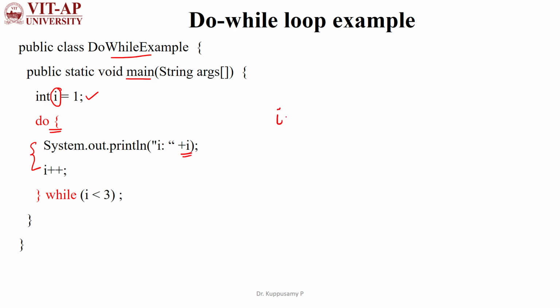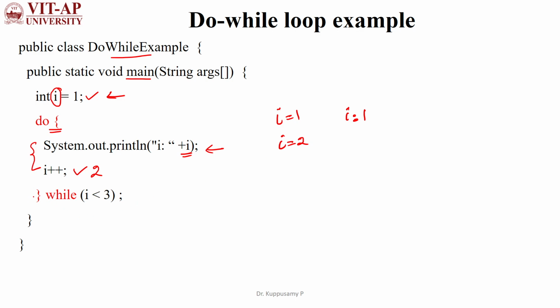As of now, i is 1, initialized here. Now i is printed, i equals 1, so it prints i colon 1 as per this system.out.println. Then i is incremented, so now i is 2, 1 plus 1 is 2.